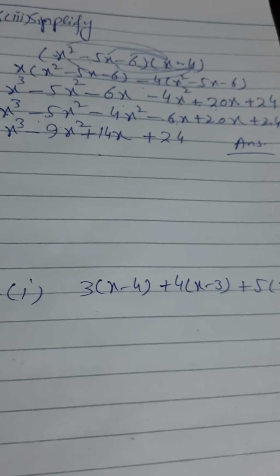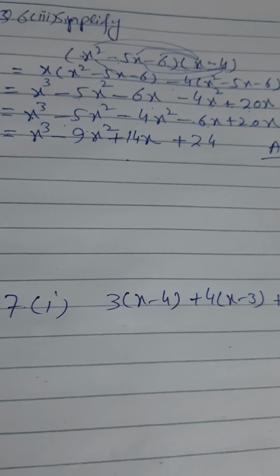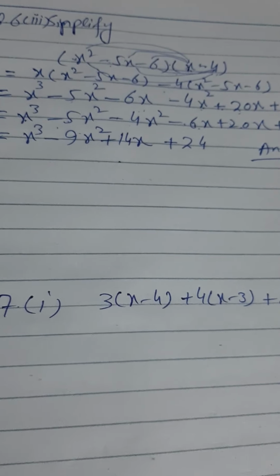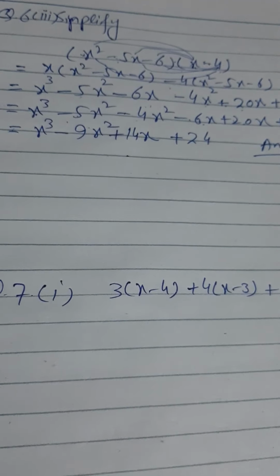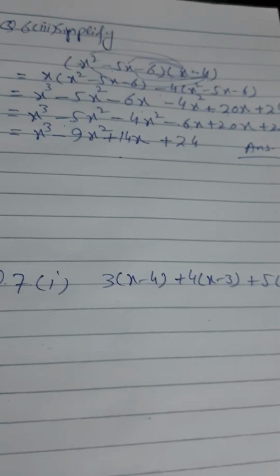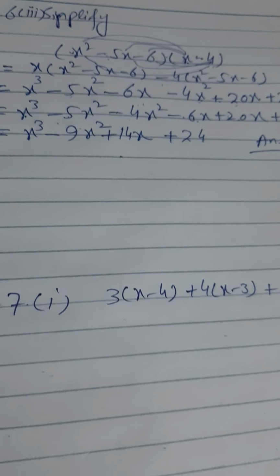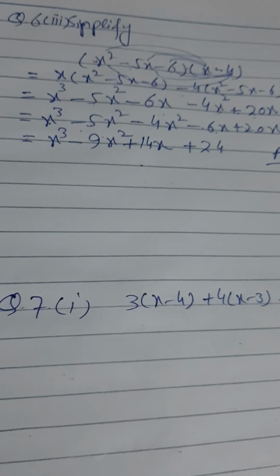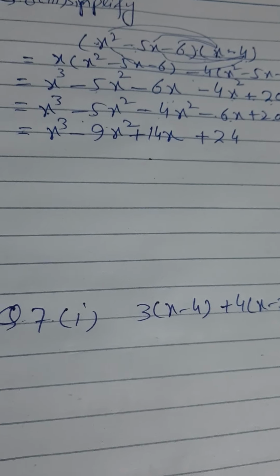So try to solve all questions. The rule is the same. If you remember the basic rule, there isn't any problem that you will be unable to solve. I try my best to solve different questions, so try all questions, and if there is any problem, you may contact me on WhatsApp or YouTube.